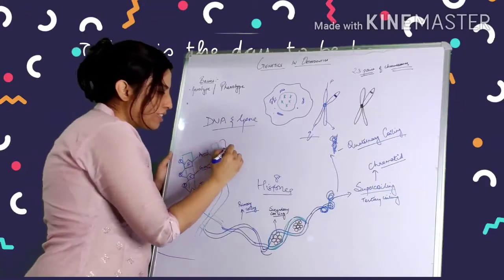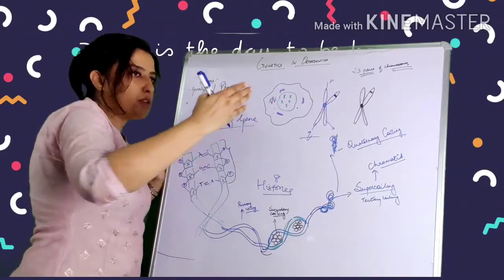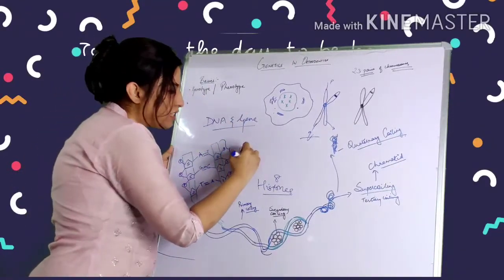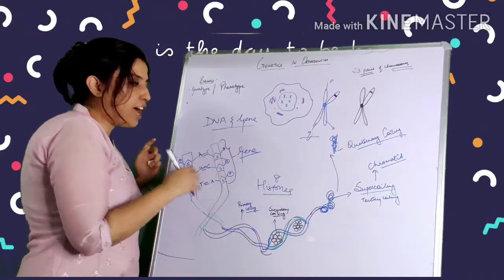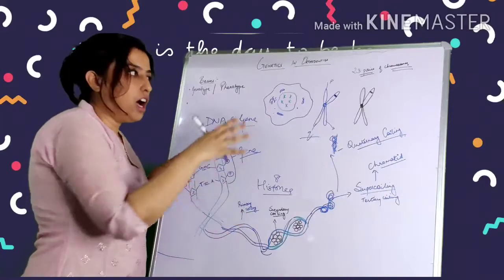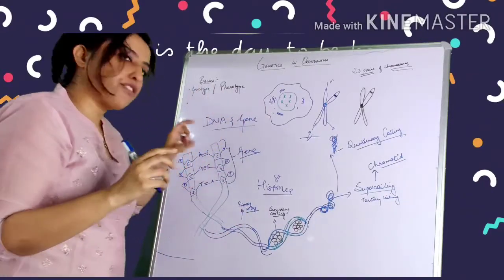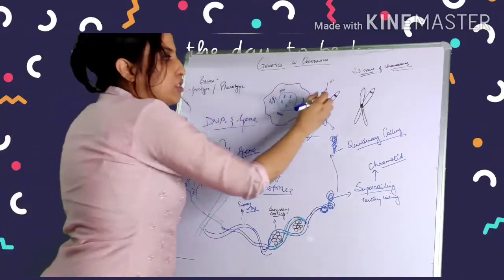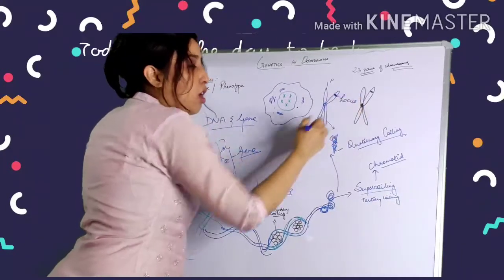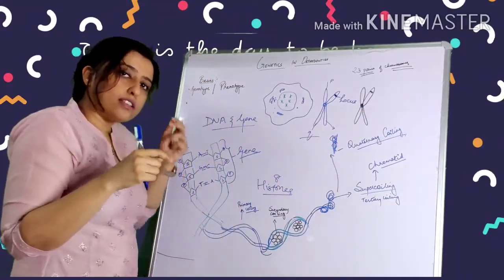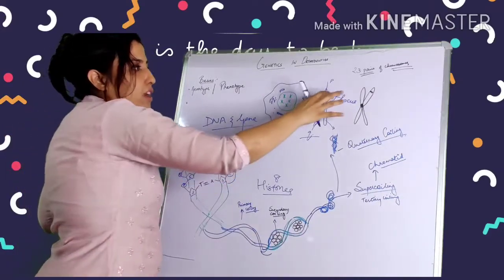So if I take this segment and it is responsible for height, then this becomes the gene for height, right? We have millions and billions of genes on our chromosomes at different locations. So the location of a particular gene is called a locus, or for 2 genes it's called loci.